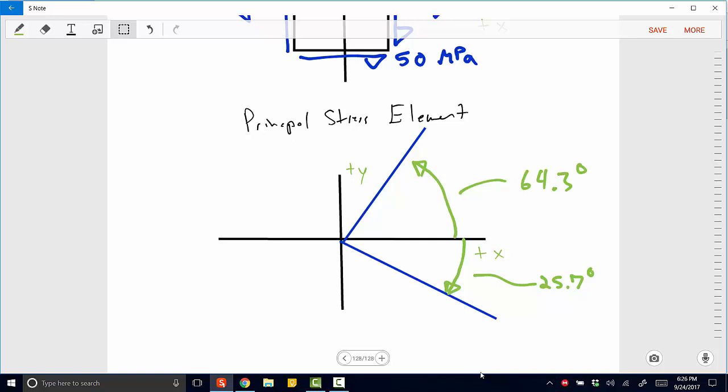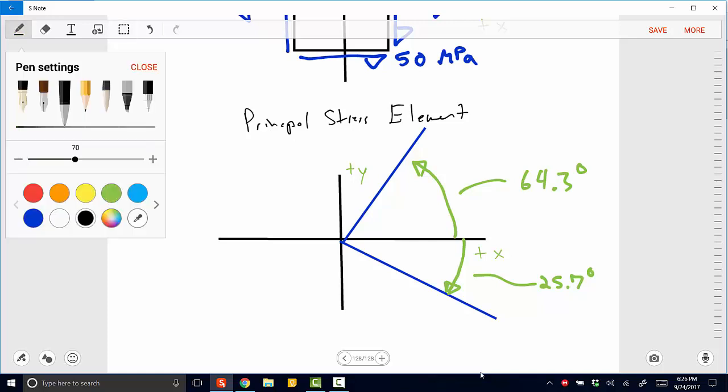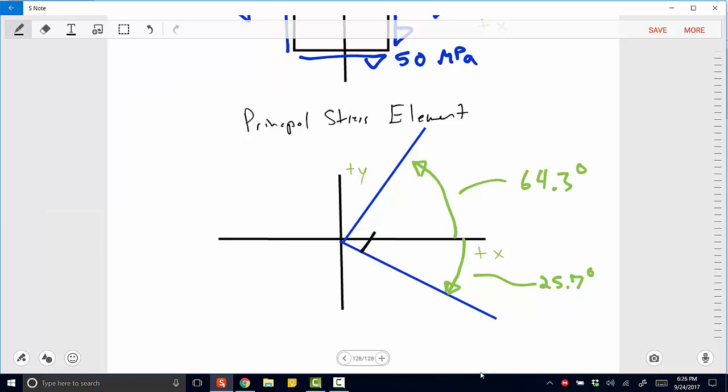Now when we take the value of these two angles, we'll find that the lines they form are right to each other, or orthogonal to each other, right? So we've actually defined the directions where the principal stresses are going to act. So let's draw our element now.